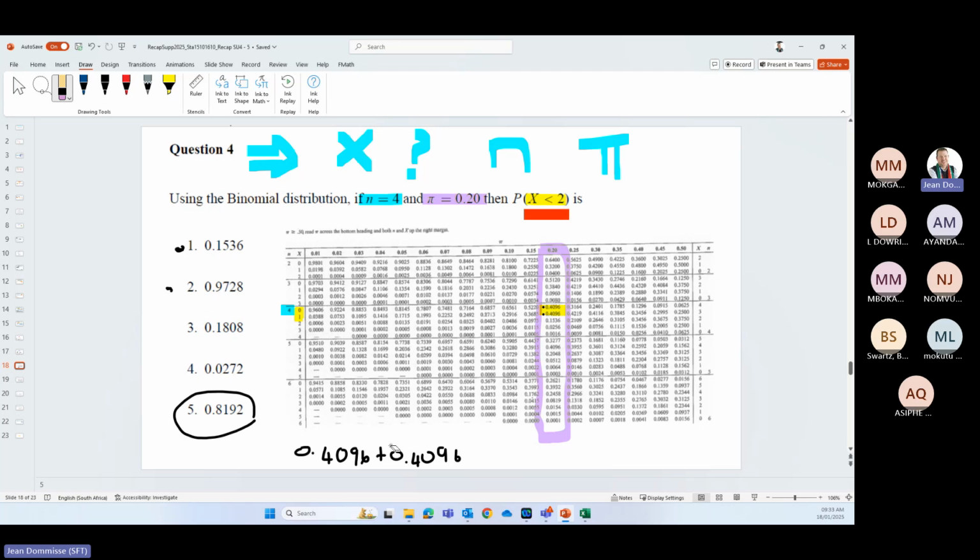Again, if you set x bigger than 2, you would have looked at 3 and 4, and there was an option for you as well. So it is very important that you read this correctly in what you need to do.